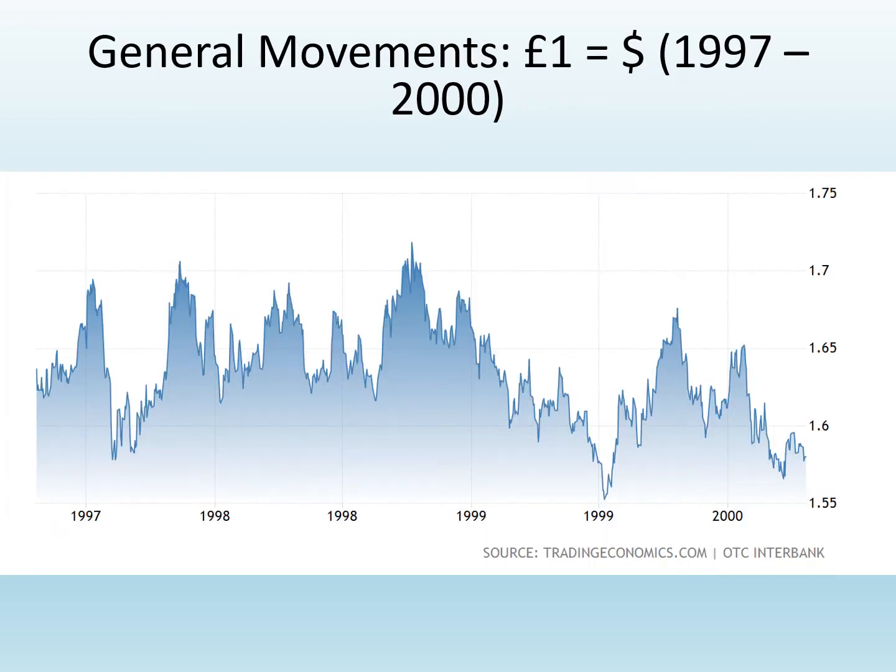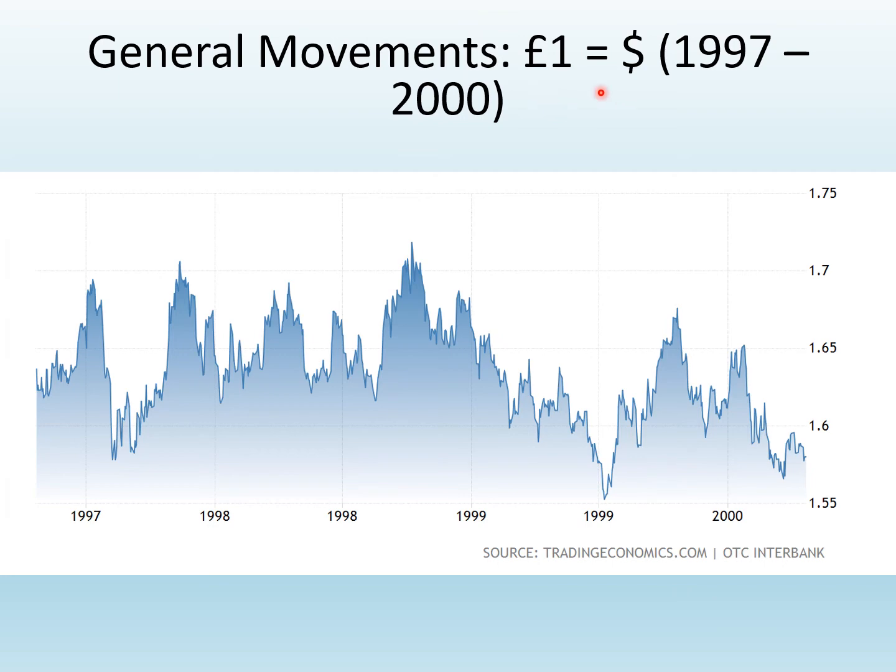So in this diagram here, we're looking at the British pound to the US dollar, and we interpret the diagram as £1 is equal to a certain amount of dollars. This interpretation changes from diagram to diagram, and it really depends upon how Trading Economics illustrates their data. Sometimes it's $1 is equal to, sometimes it's a currency equal to $1.